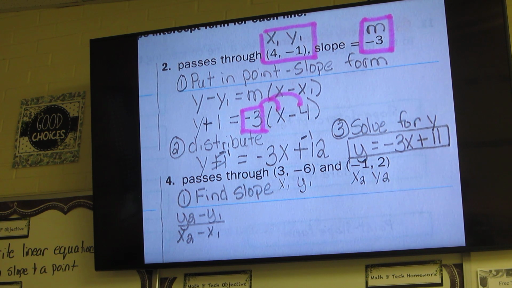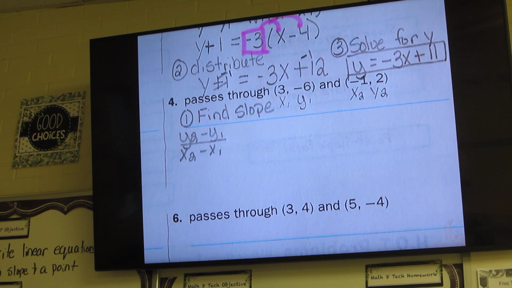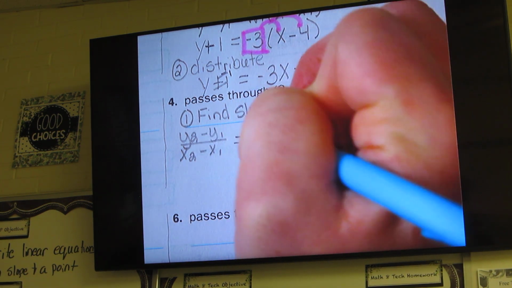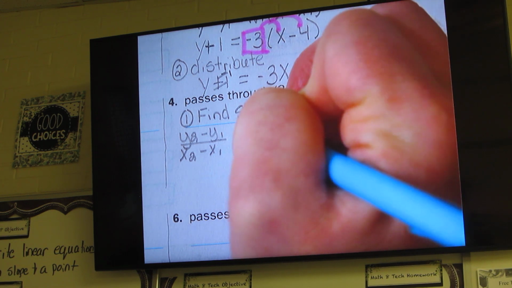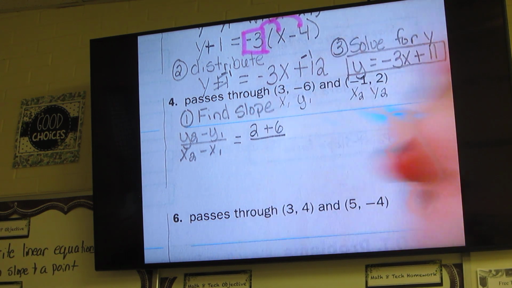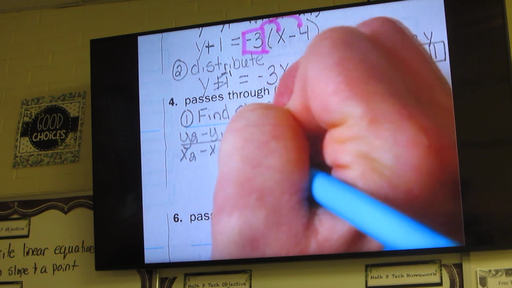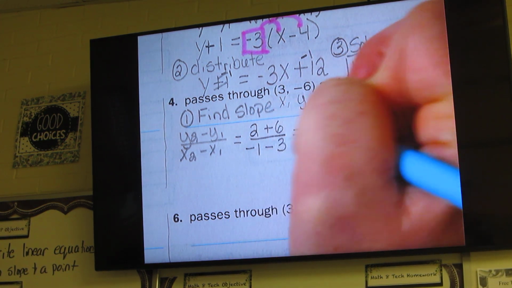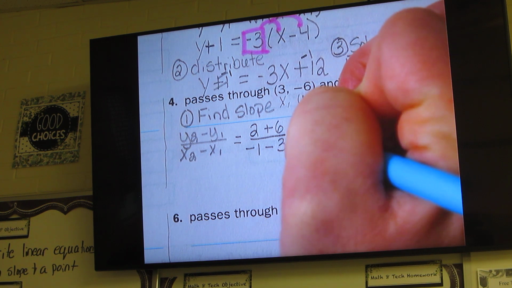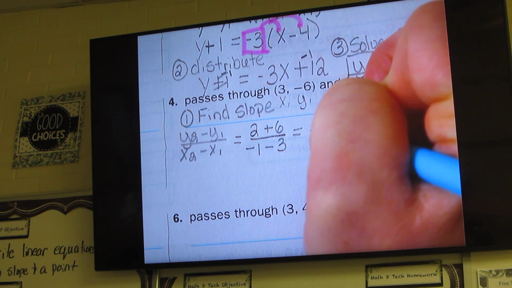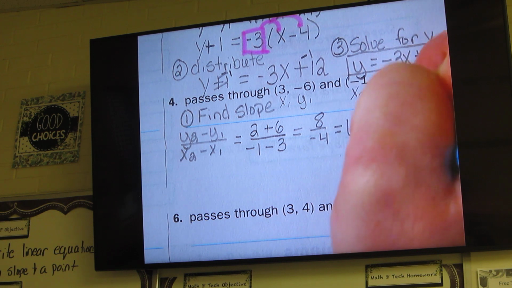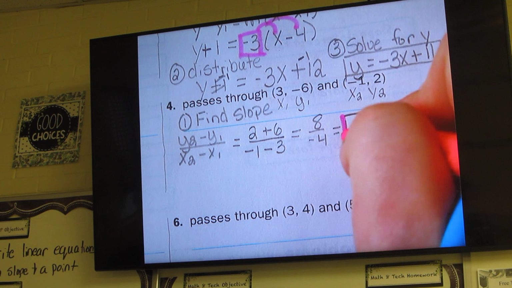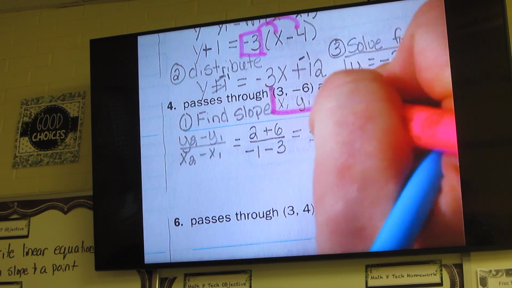Now, I plug everything into its spot. y2 is 2, minus a negative 6, so that's going to be plus 6, divided by x2, which is negative 1, minus 3. Okay, so we have 8 over negative 4, which comes out to be negative 2. So this is my m. This is my x1, y1.